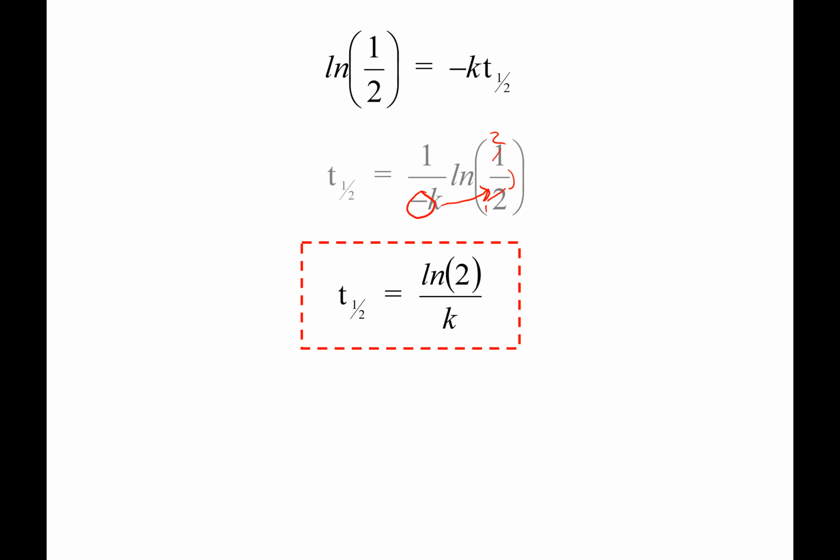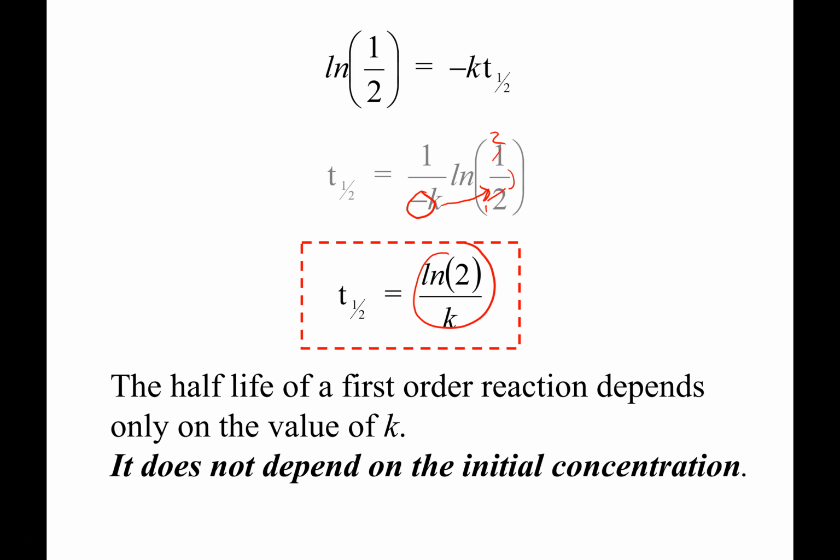This is what you're going to see on the test, I think. So that negative goes away, and this is ln of 2 over k. But that's really a number too.